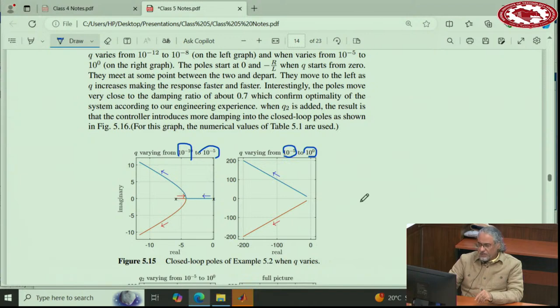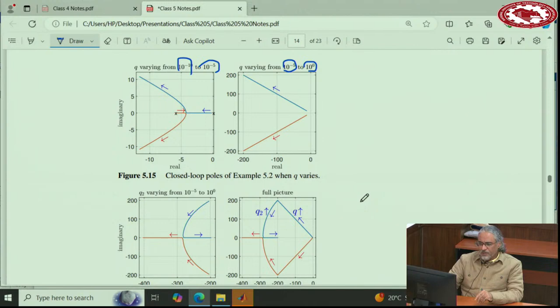Now if you say I want to add Q2 and see what happens, you increase Q, and then at this point you stop increasing Q and start increasing Q2. Then you will realize the poles move further down. In other words, it will have even more damping.